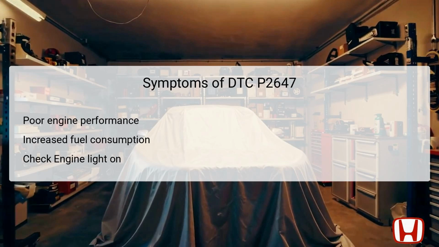The check engine light will be illuminated on the dashboard, indicating a malfunction that requires attention. Drivers might also encounter erratic engine behavior or even stalling under certain conditions, further emphasizing the importance of prompt diagnostics and repair. Understanding these symptoms can help guide the troubleshooting process effectively.